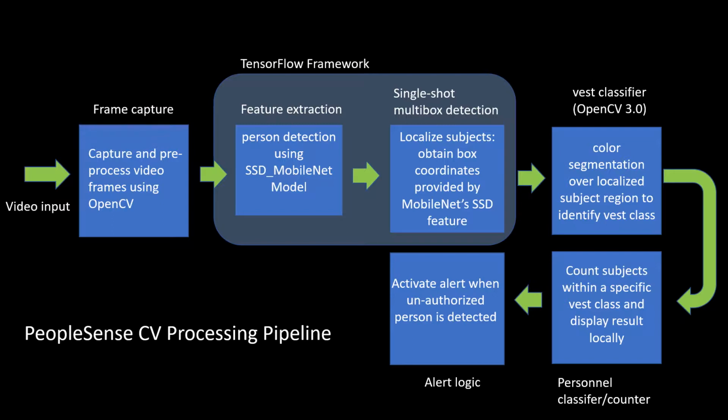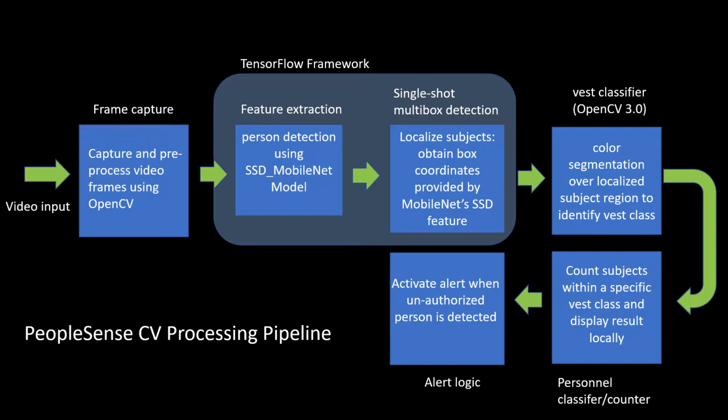Feature extraction and object recognition is then performed using the SSD MobileNet model. Single-shot detection allows for localization of objects within the frames. Here, box coordinates are returned containing human objects. A region of interest is then defined by these box coordinates containing human objects.